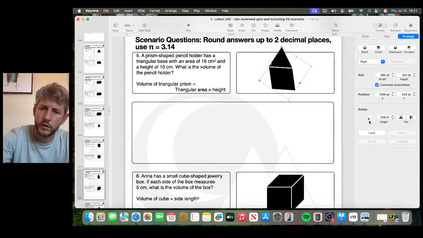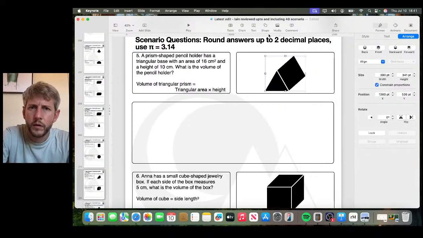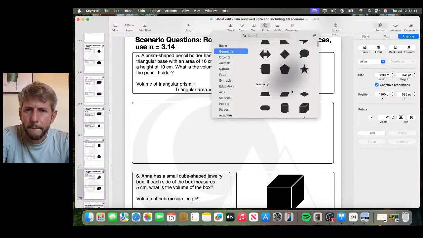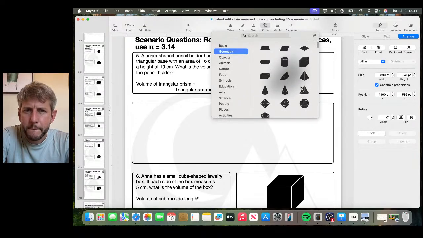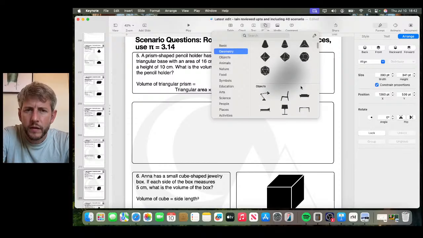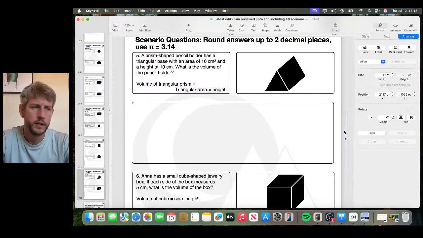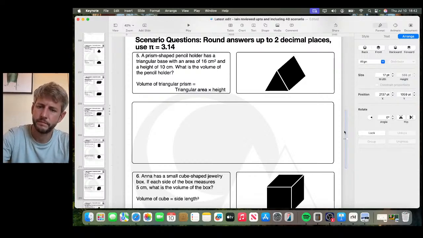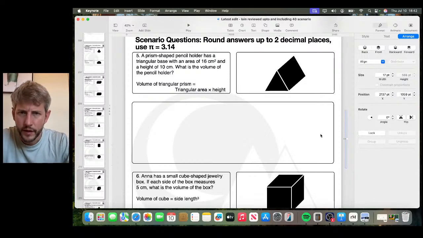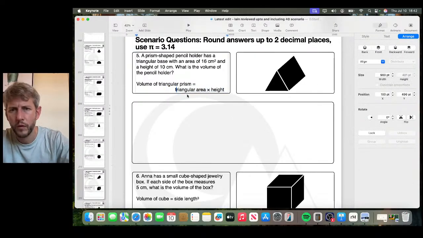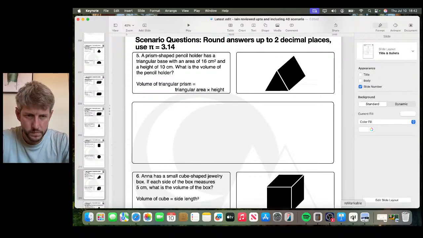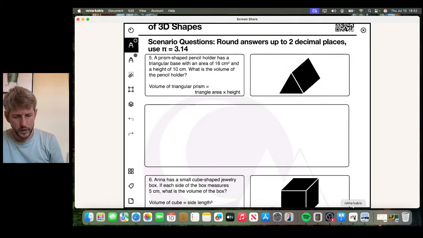No, that doesn't work. No, they've only got the triangular prism on its bottom. Okay, that's fine. Okay, triangular area. Okay, so here we go.